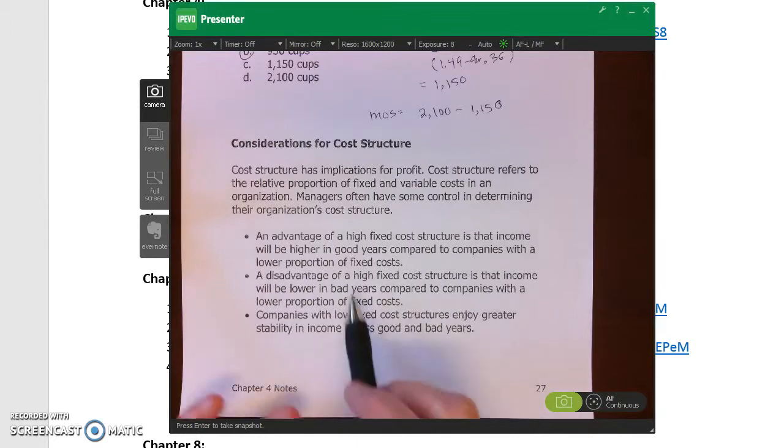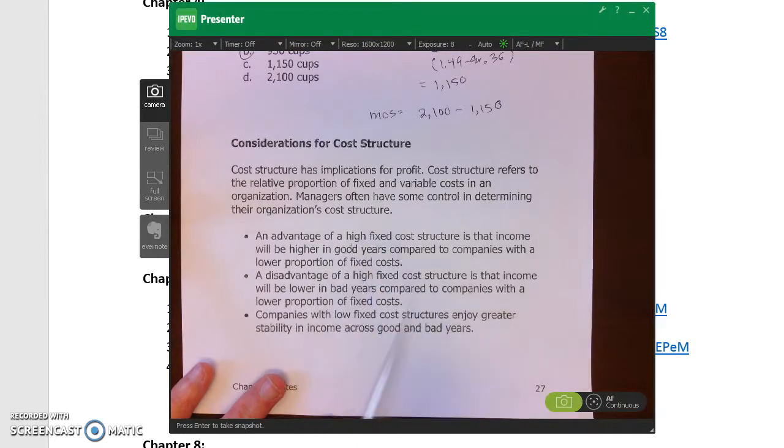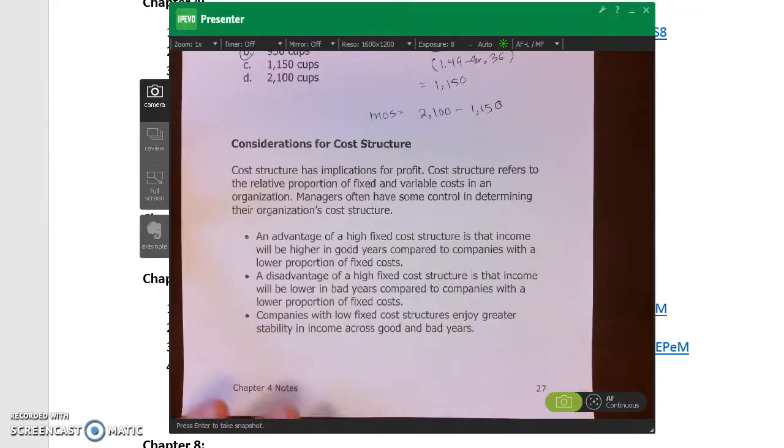Now, when we talk about a corporation or a firm that has a high fixed cost structure, what we're saying is that income will be higher in very good years compared to companies that have more variable costs. On the other hand, a high fixed cost structure means that income will be lower in bad years compared to companies that have more variable costs.